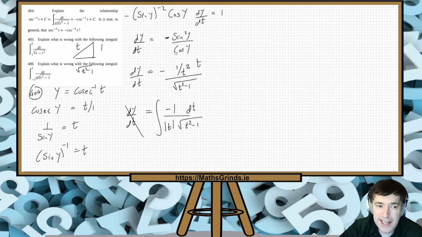So I guess it's because of that. So then that means y, that's cosec inverse t, equals this plus the constant of integration.